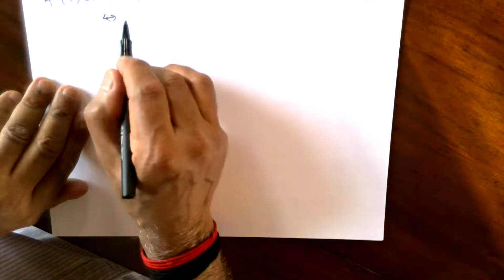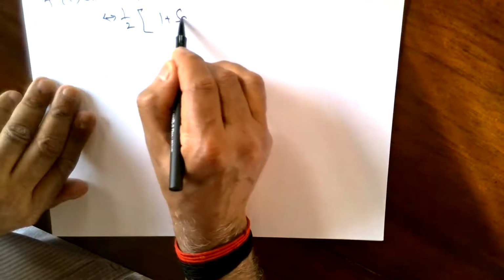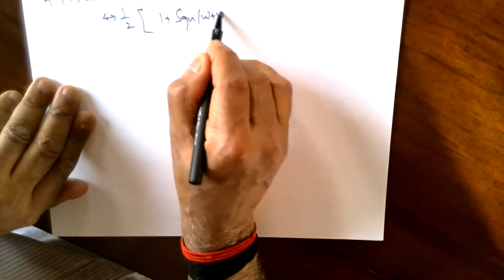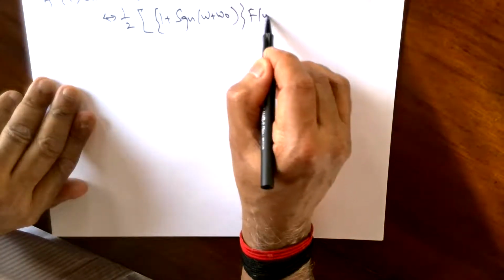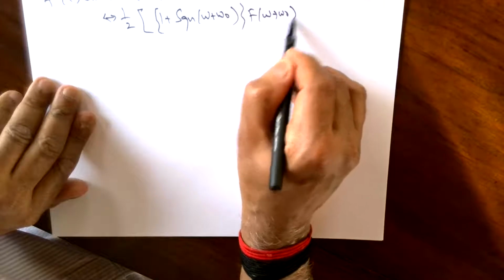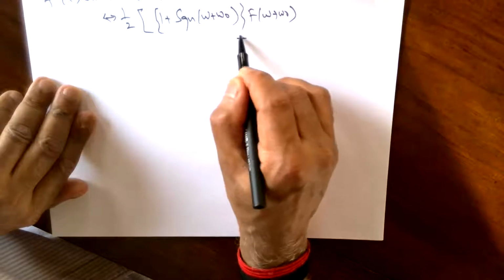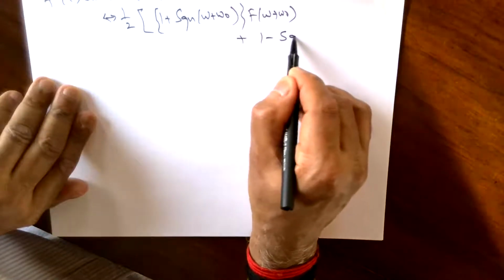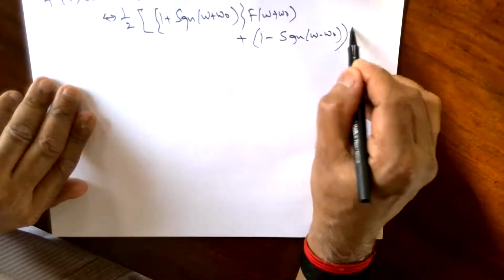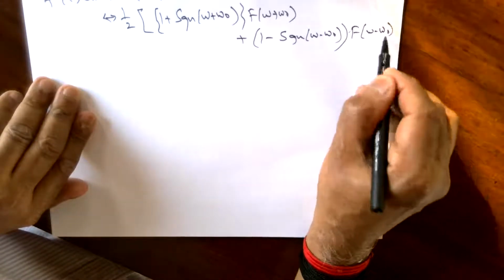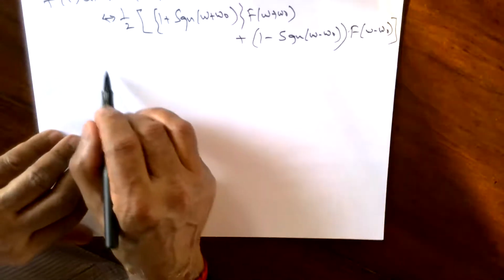As a transform, from the previous page, it is (1 plus sgn(ω + ω₀)) multiplied by F(ω + ω₀), and then plus (1 minus sgn(ω − ω₀)) multiplied by F(ω − ω₀). So let me just draw it graphically. We'll do the two terms and add it up.